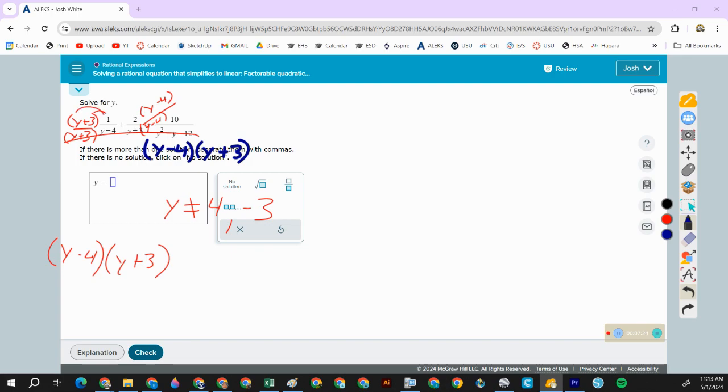So distribute the 1, we get y plus 3. Distribute the 2, I get 2y minus 8 equals 10. y plus 2y is 3y. 3 and negative 8 make negative 5, but I'm going to move that to the other side.